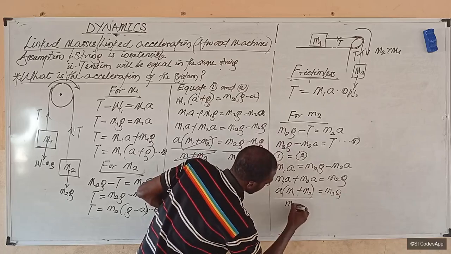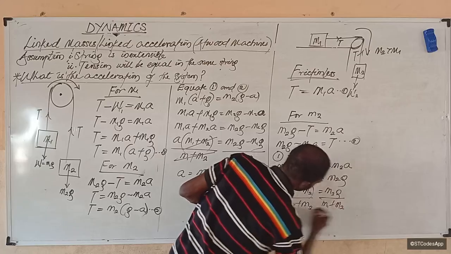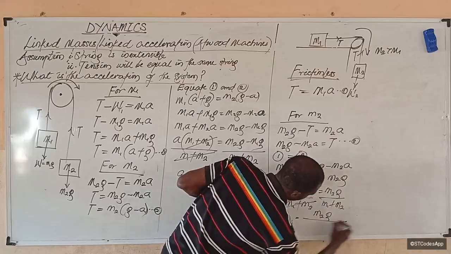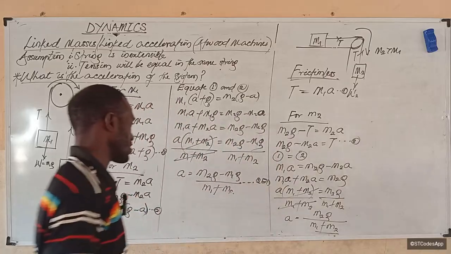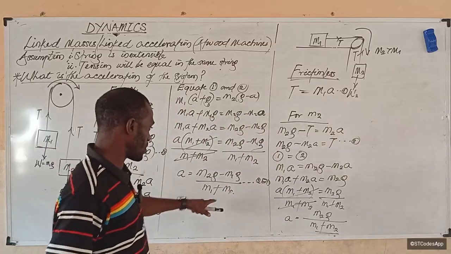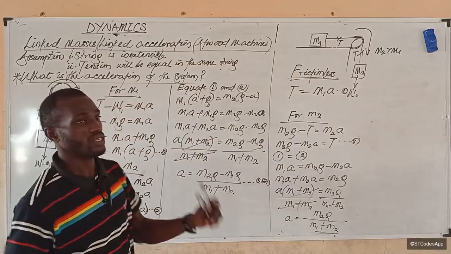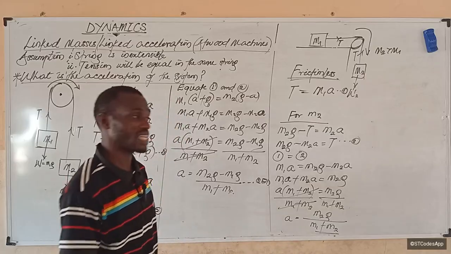Divide both sides by M1 plus M2, and acceleration therefore becomes M2G over (M1 plus M2). I want you to notice the consistency here. It looks like we're always getting M1 plus M2 in the denominator. When we consider the third system now, we are going to know whether that is the case.